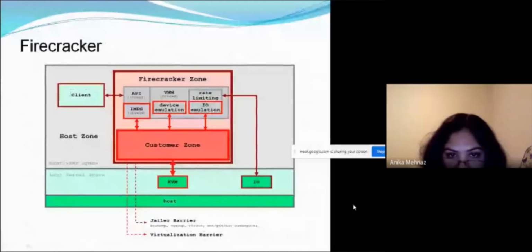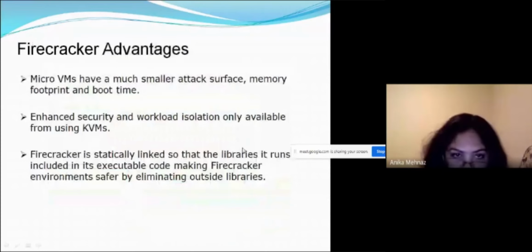So this is the architecture of Firecracker, and you can see this Jailer barrier, seccomp, cgroups, then KVM. And the Firecracker advantages: micro virtual machines have a much smaller attack surface, memory footprint, and boot time.